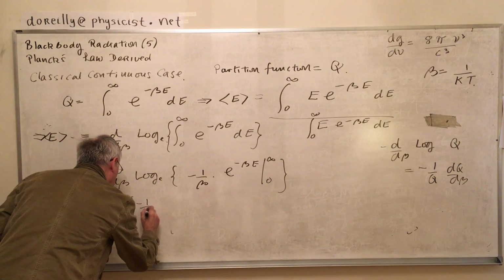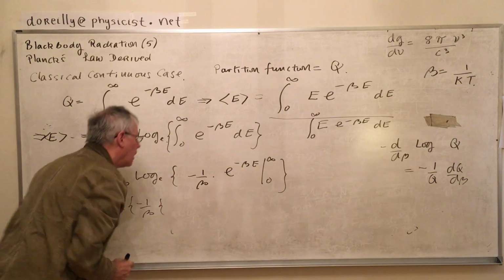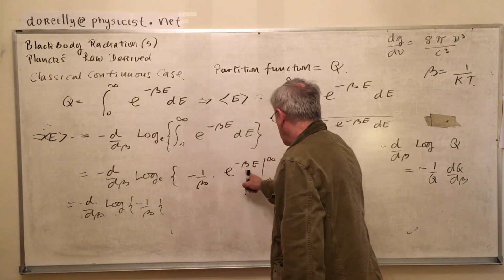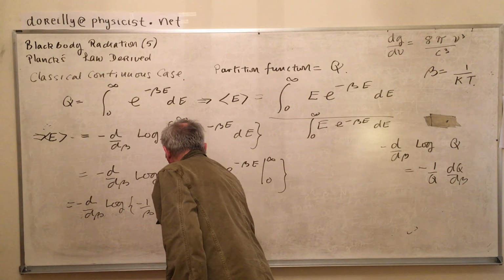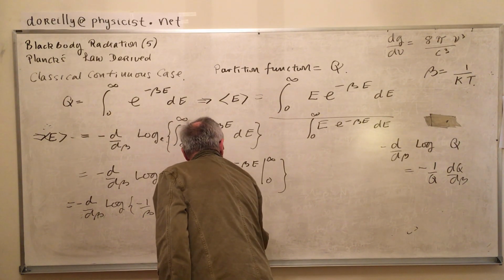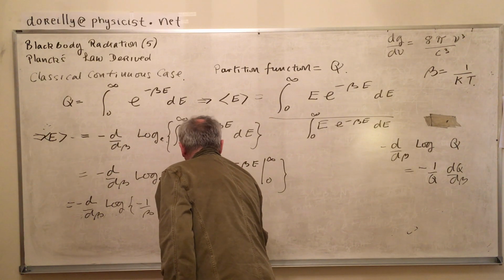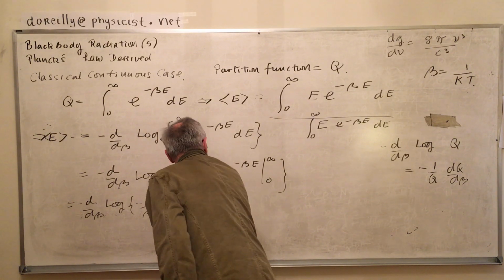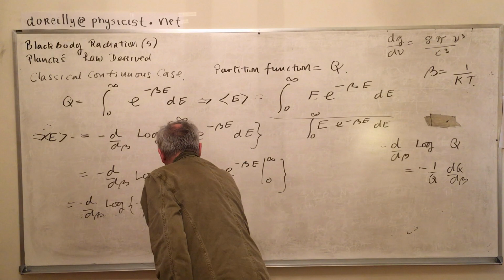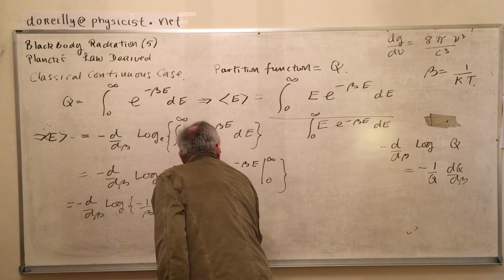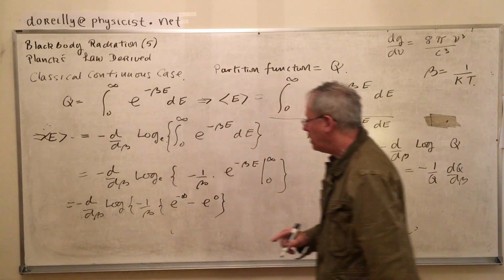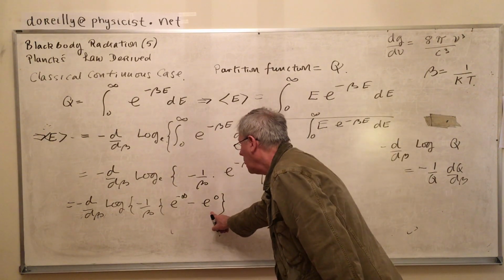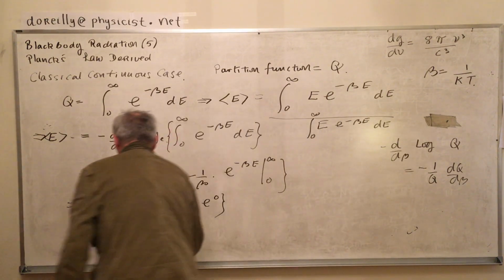Negative, okay, from 0 to infinity. So e to the minus beta E. Well, this is going to be 0, and this is going to be 1.